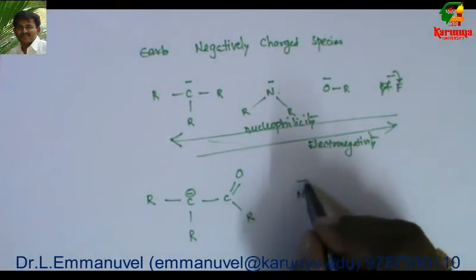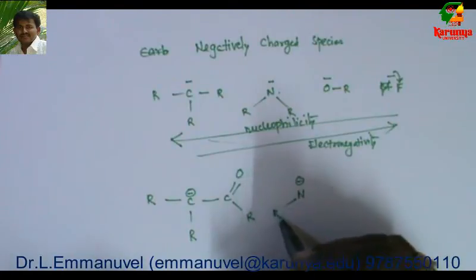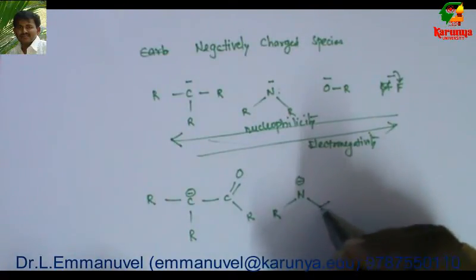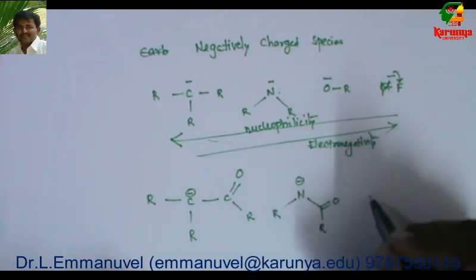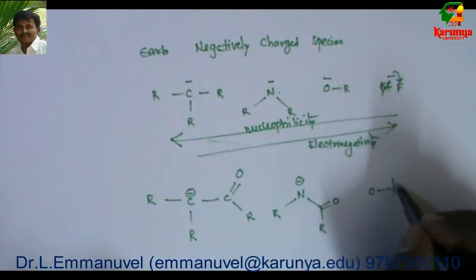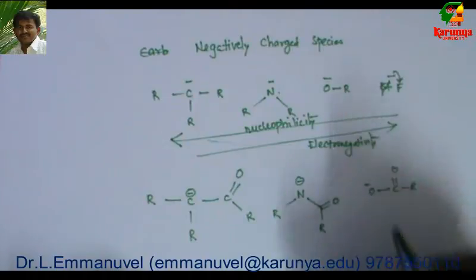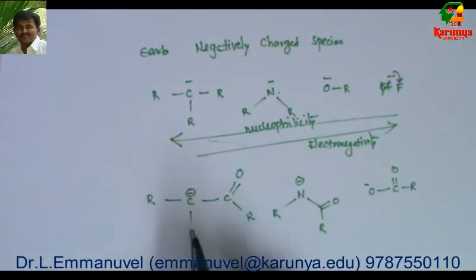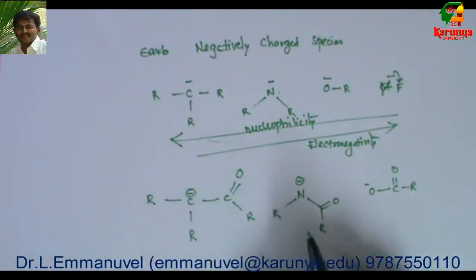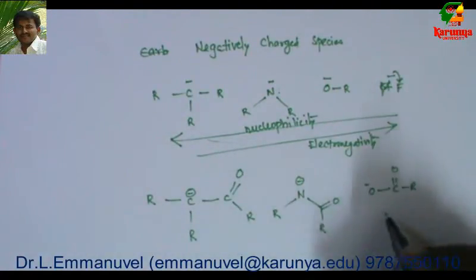Similarly, I replace one of the R groups with another group. Now it is nothing but ketone, the carbanion generated from ketone. This is nothing but amide and this is nothing but acetate.